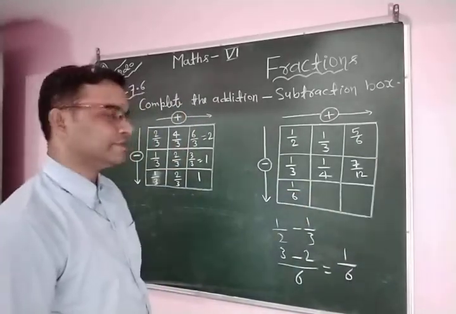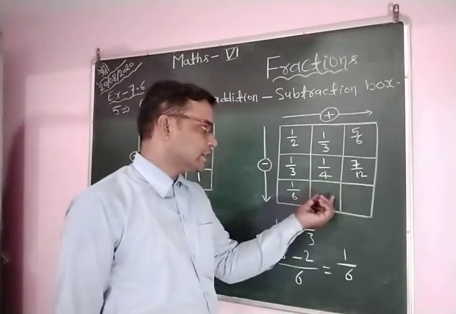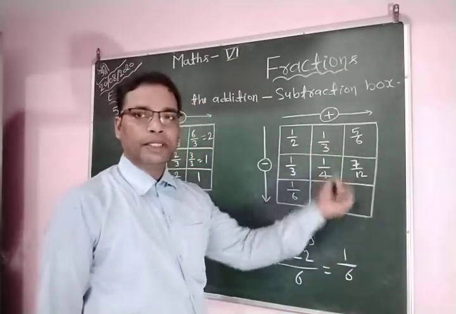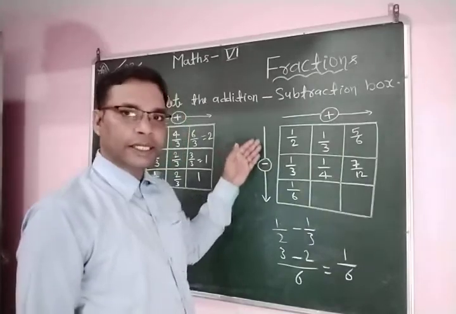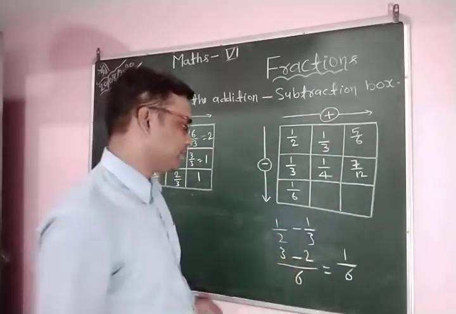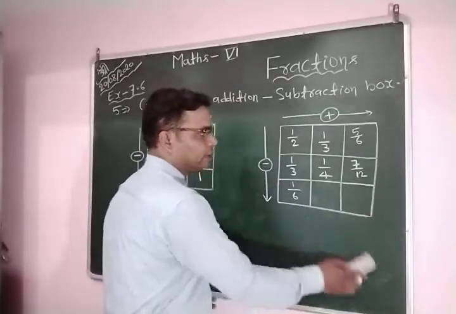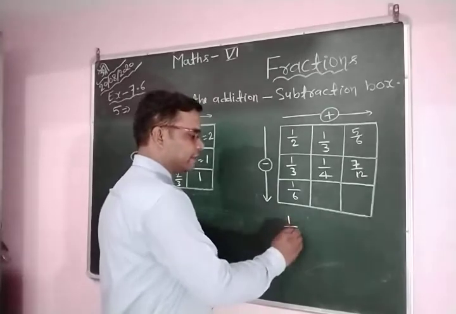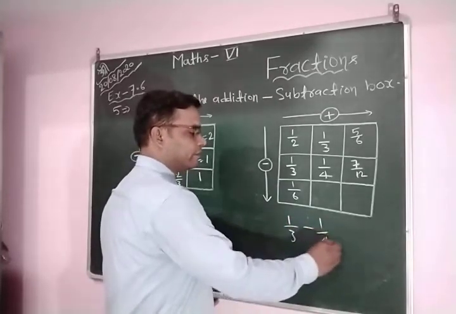Clear? Now in this bracket we subtract 1 by 4 from 1 by 3, because this is given in this direction, so we use subtraction. So 1 by 3 minus 1 by 4.